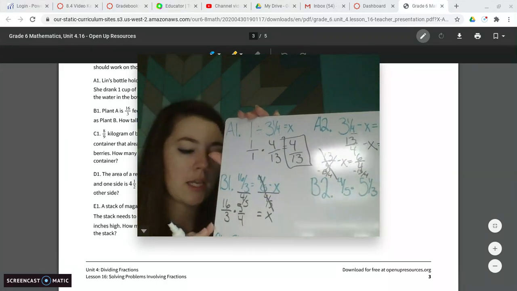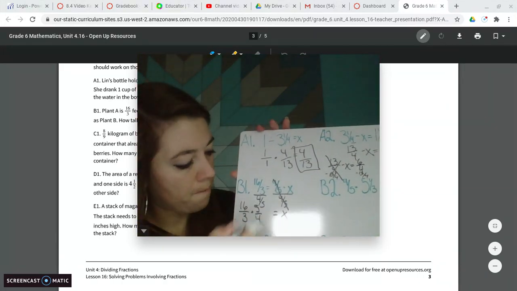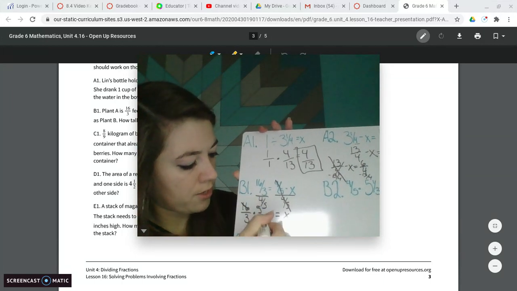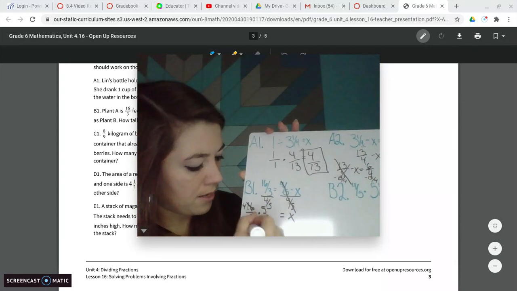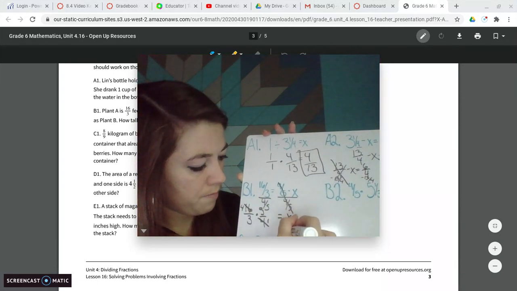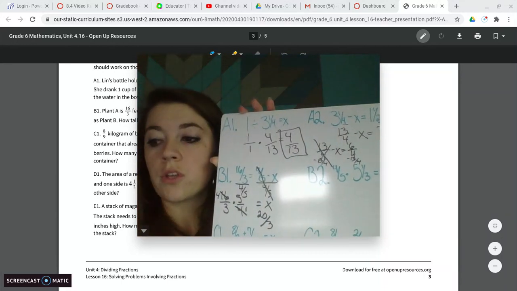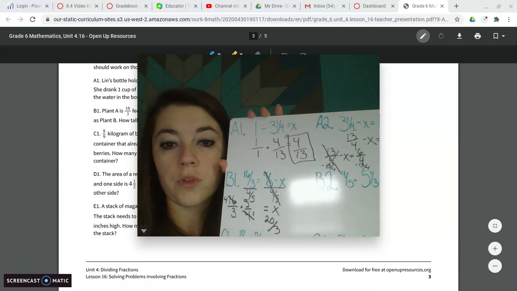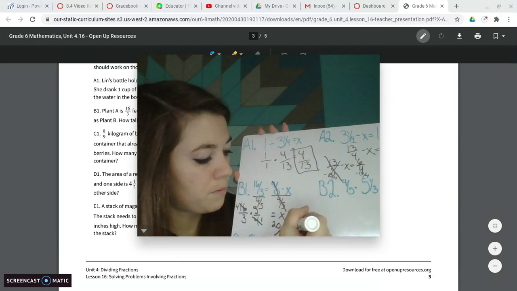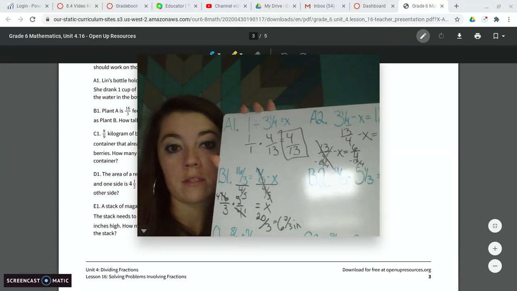Now remember, we can simplify this down before we multiply. We have the 4 here and 16 here, divide them both by 4. So now 4 times 5 is 20 over 3 times 1 is 3. So the other plant is 6 2/3 feet, or 20/3.